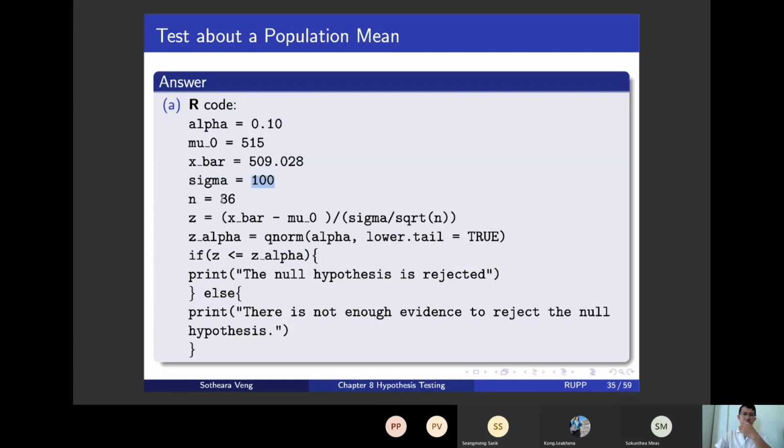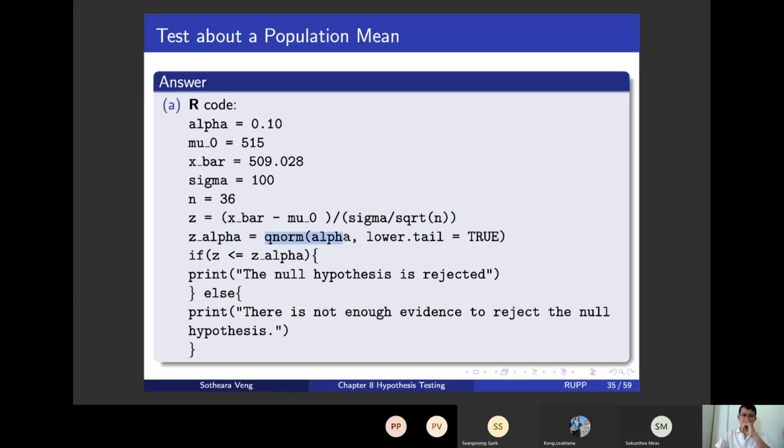You choose a sample of size 36, and then this is the formula for the test value. I'm sorry, not the critical value. The test value. And then this is the critical value C alpha.